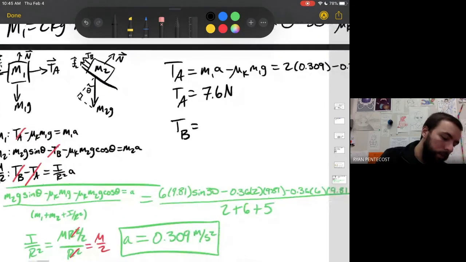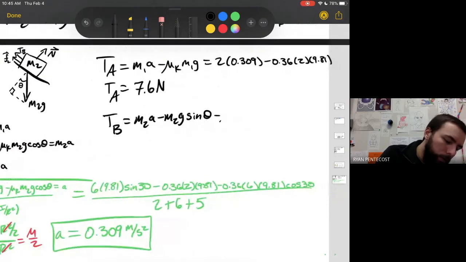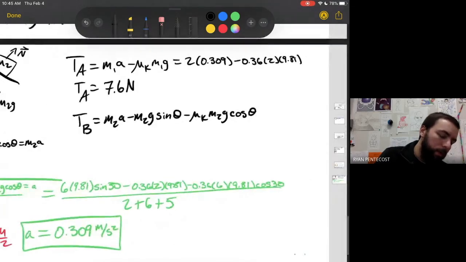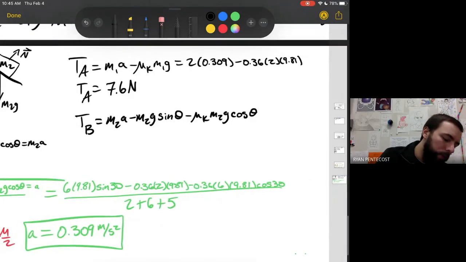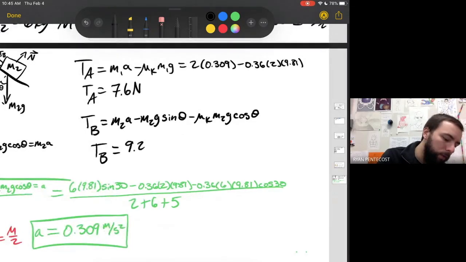That's a doozy. You've got M2 A minus M2 G sine theta minus mu k M2 G cosine theta. So when you put your values in and put that in your calculator, you should get approximately 9.22 newtons.